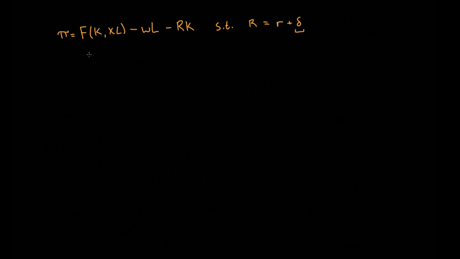One other thing we need to do is change this to intensive form. The production function looks like this, and it's a neoclassical production function. If we multiply it by 1 over xl, and multiply each variable inside by 1 over xl, the xl's go away and we're just left with f of k hat.